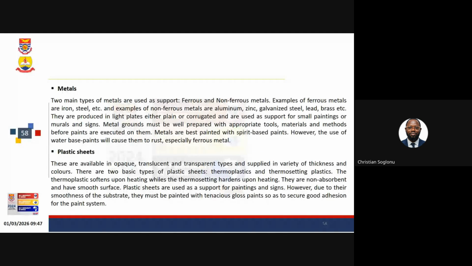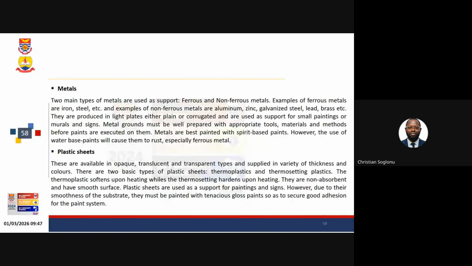Examples of ferrous metals are iron, steel, etc. Examples of non-ferrous metals are aluminium, zinc, galvanized steel, lead, brass, etc. They are produced in thin plates, either plain or corrugated, and are used as support for small paintings and mural signs.